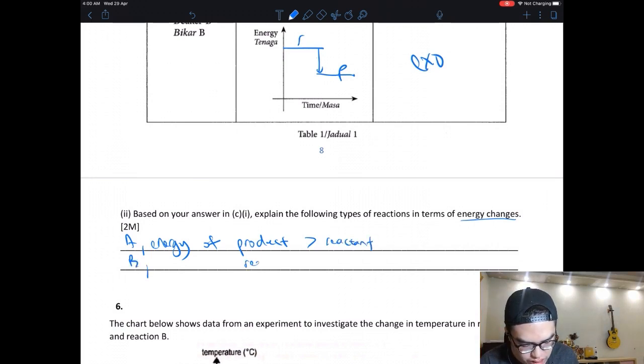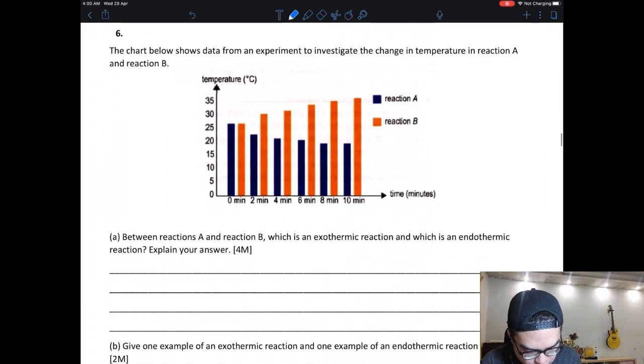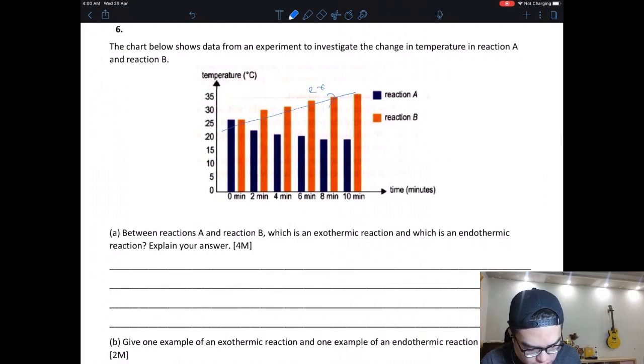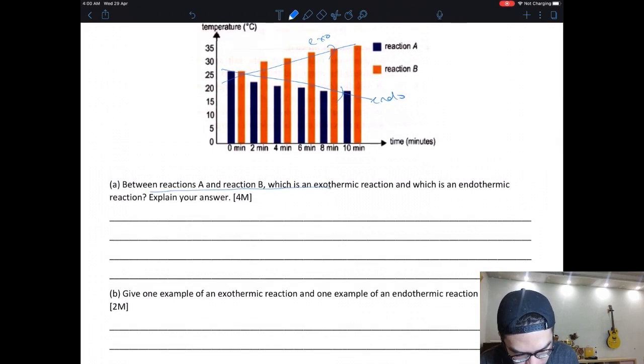Reactant higher than product. Okay, so shows from an experiment. So can you see B is exo? Okay, and then A is endo. Between A and B, which is exo, which is endo. Okay, so B is exo, A is endo.